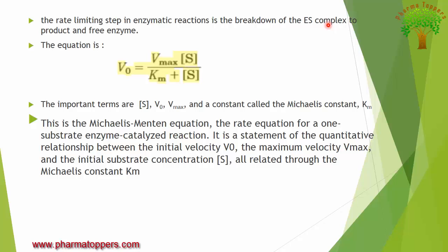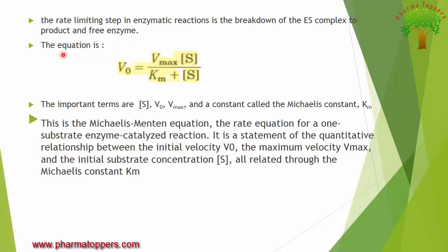In order to understand this rate limiting step, in my previous video I have already explained in detail what the rate limiting step is, what the ES complex is, producing product and a free enzyme.